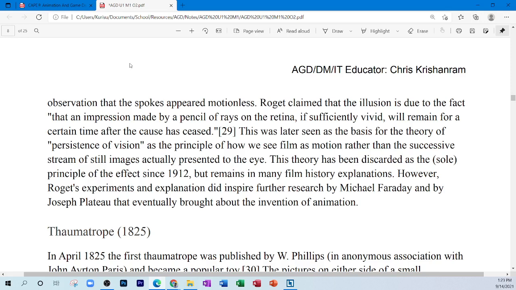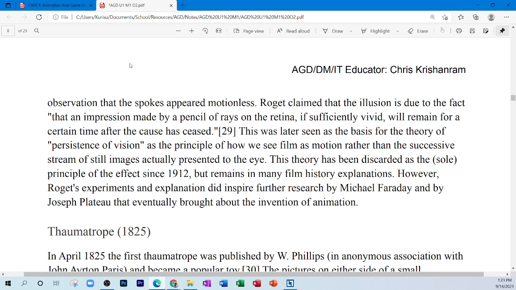The mere fact that we humans just need to see something for a certain amount of time, and we are capable of either remembering what we saw or perceiving a movement between two images. That's the principle you need to remember coming from persistence of vision.